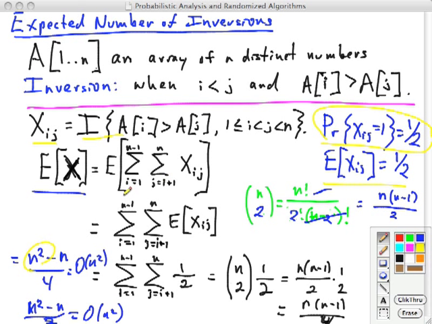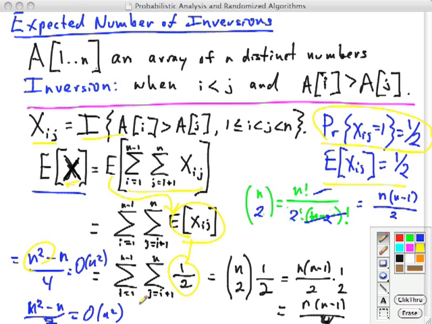Then we write an expression that takes the big X we're looking for and breaks it up into those pieces. We use linearity of expectation to move the E inwards so that we're asking for the expectation of the piece, not the expectation of the whole thing. That turns out to be something that we already know the answer to. We can replace it with that answer.